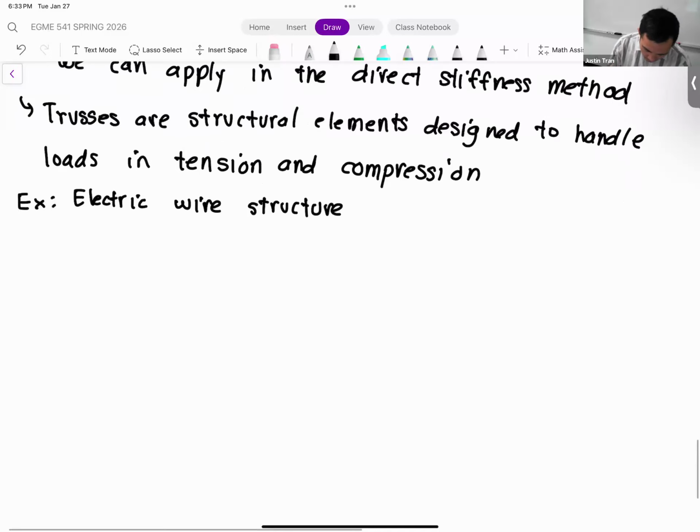Telephone poles, yes, that's the word I was looking for. You'll have structures that look like the following. At the top, this is where the telephone wire or the electric wire is suspended, and you have all these thin structural elements that make up the structure from there.